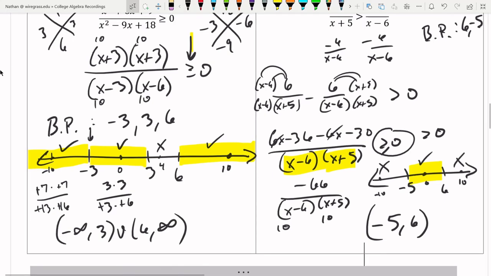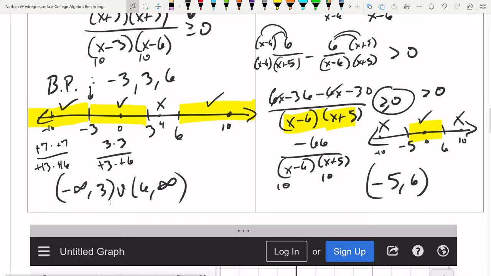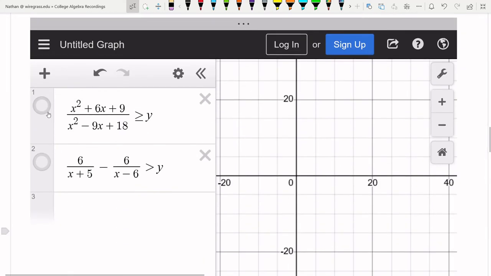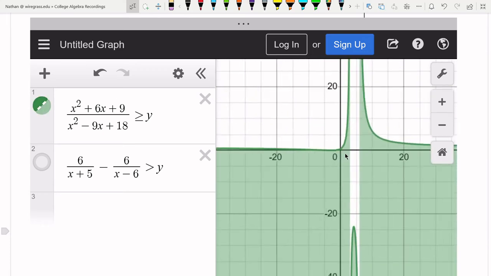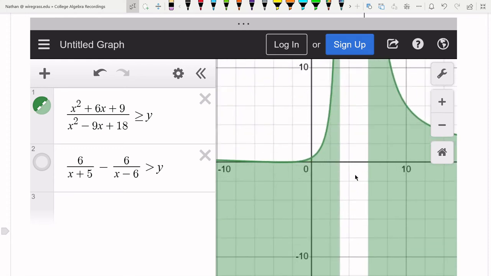Okay, let's actually graph these things and see what we get. So this first one, we have this large interval. Everything up to 3, and then everything past 6. That's what I have here. As you can see, it's this interesting graph. The only thing that we care about is the x values, and the only x values that are not shaded in are right here.